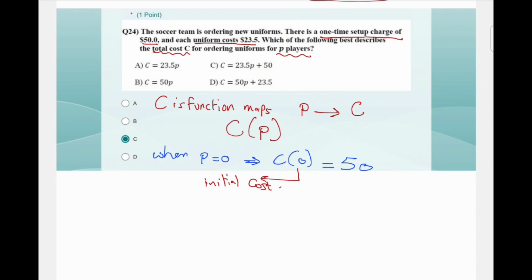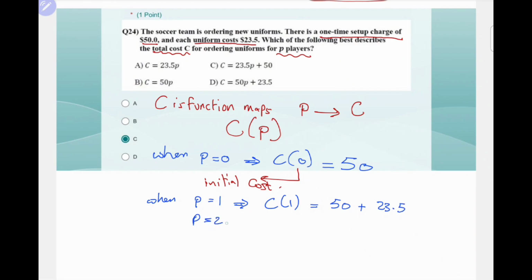Then when you have one uniform, so when P equal to 1, we have that C of 1 is equal to 50 plus the price of one uniform, which is 23.5.